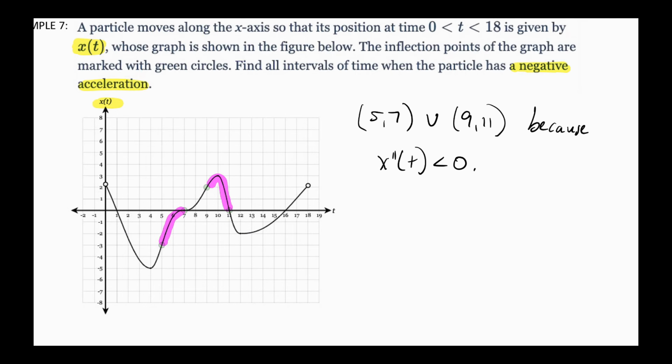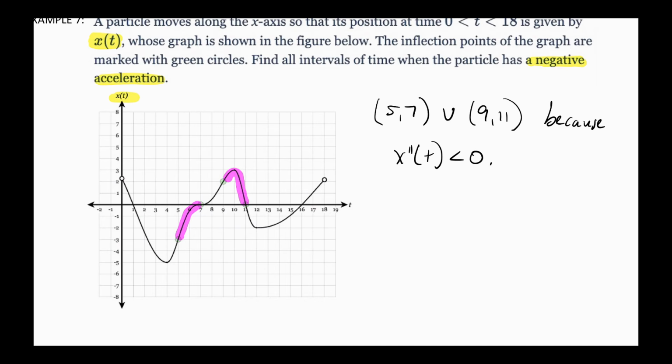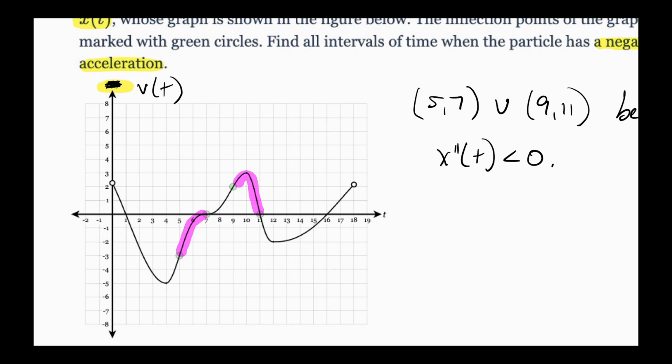Okay? Let me change this before we go to the last question. Let's say we redid this question, but instead of x of t, let's say it was, don't write this down, just look at this, v of t. Let's say the question was exactly the same. All the parts up here were exactly the same, but the graph was v of t.